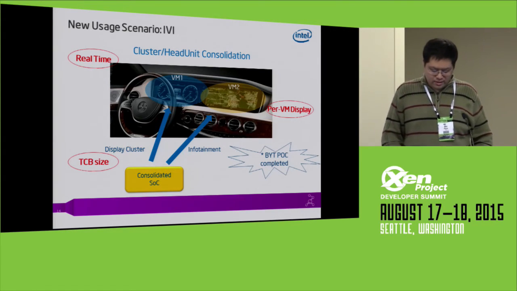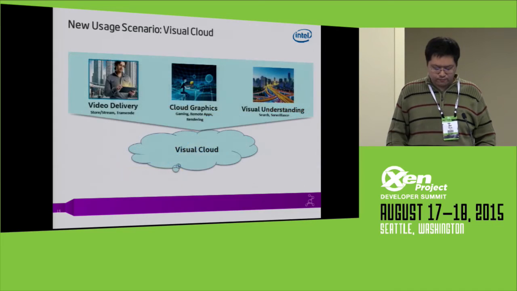Okay, and so the next new usage scenario is Visual Cloud. In the first usage, video delivery, many video providers build their video transcode farms on the cloud inside VMs. So our solution can let them use the GPU acceleration power to accelerate the transcoding.